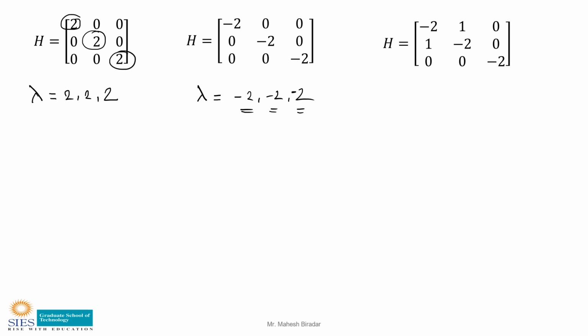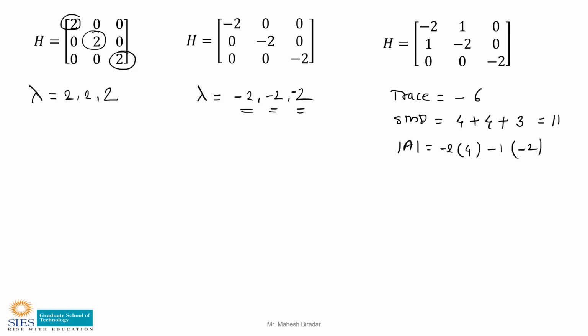In the third case, suppose you find the eigenvalues of this matrix using our standard formula, where the trace is -6, then the sum of minors is 4 plus 4 and 4 minus 1, 3, 11, and if you find the determinant, 2 into -2 into 4 and -1 into -2, so this is -8 plus 2, which is -6.